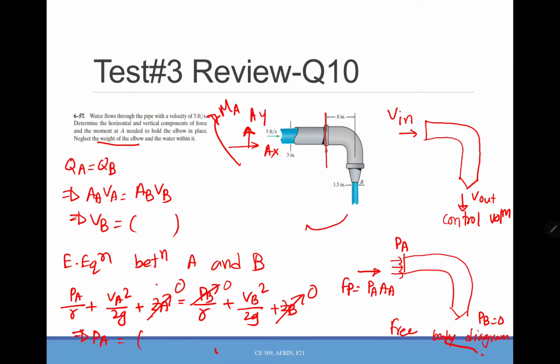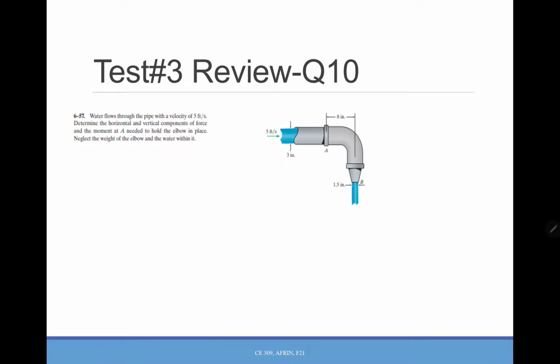Okay, so you have PA, PB. Now you need to calculate AY, AX, and MA. I will just draw that again.